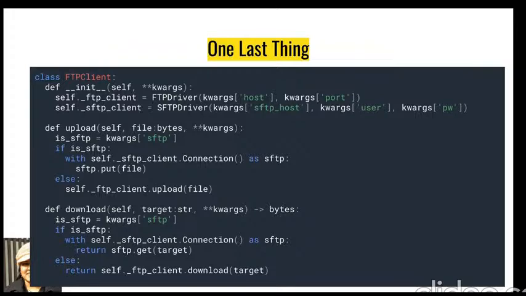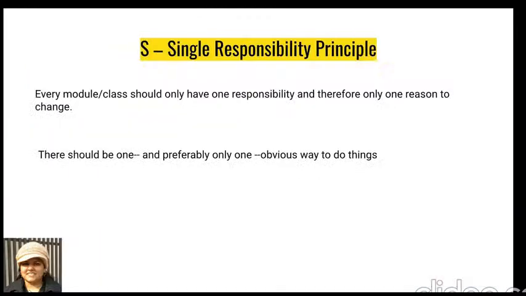Now let's jump to our first principle, which is the single responsibility principle. According to the paper by Robert Martin, whom we also call Uncle Bob, this particular principle states that a class should have only one primary responsibility and should not take any other responsibility.